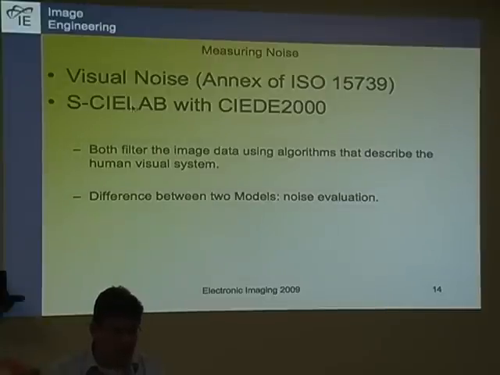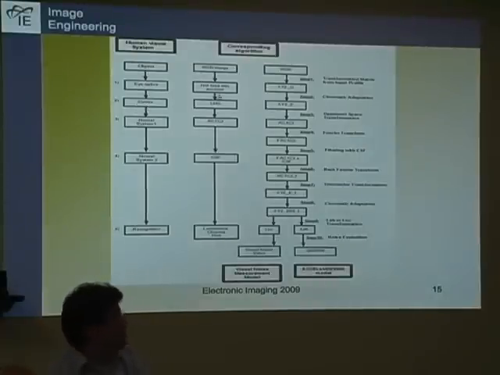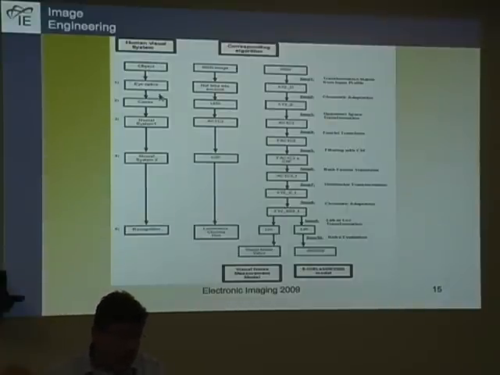The basic principle of these models is the same. If we look at the human visual system, we have an object, we have the eye that looks at these objects, we have the cones that receive it, we have a kind of neural system that works on that, and finally we have the recognition.